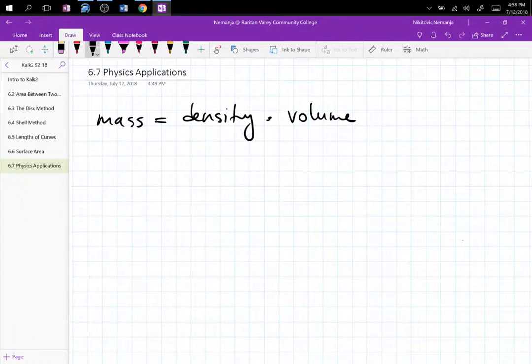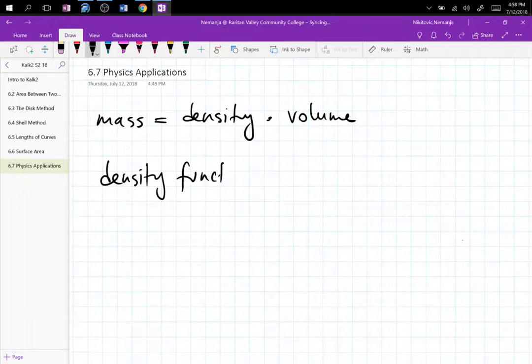Now we can define a density function. We can label it as rho of x, as the book is using. There's some Greek for you right there. The function rho of x describes the density of an object.